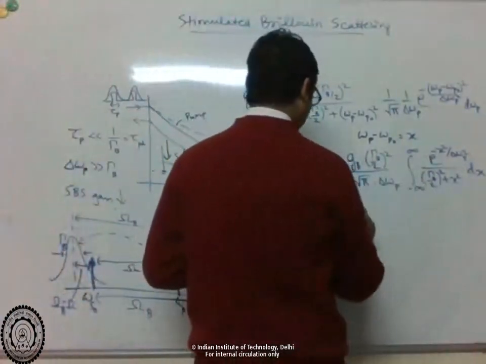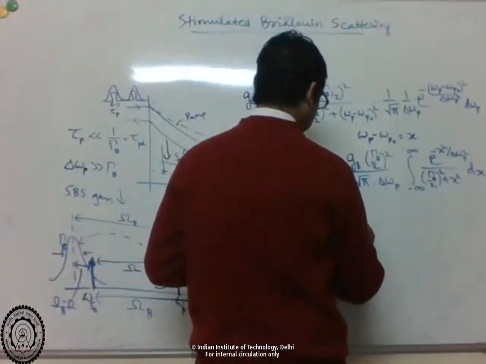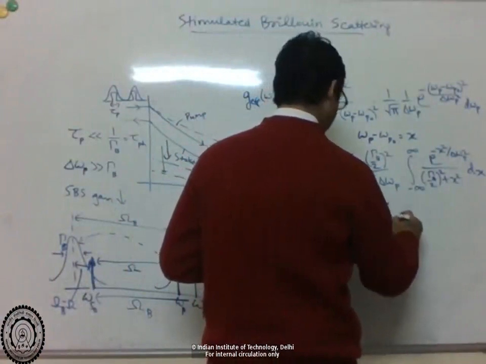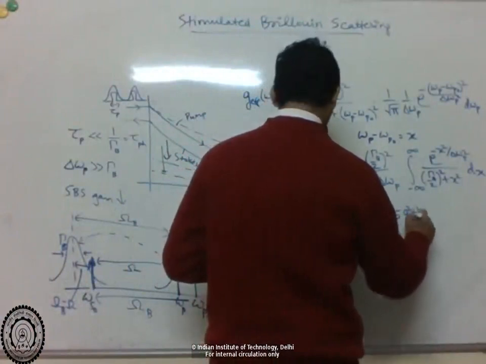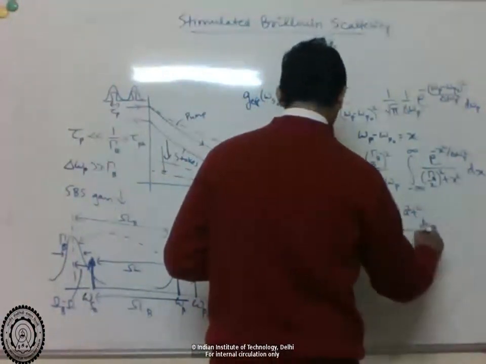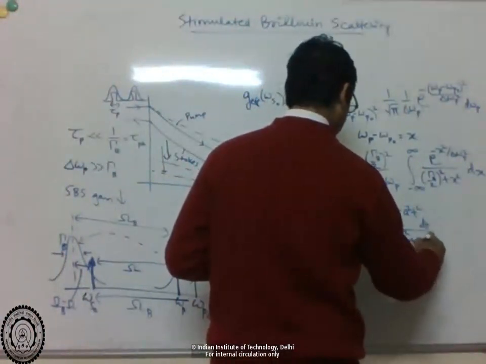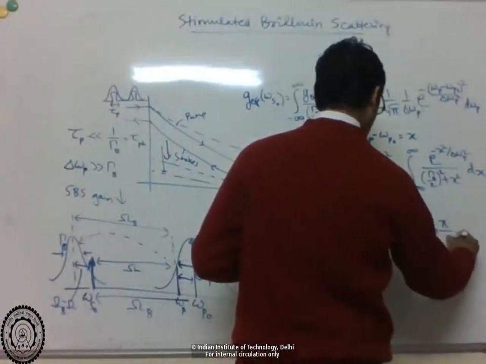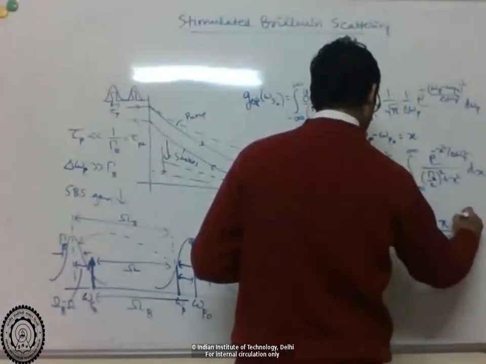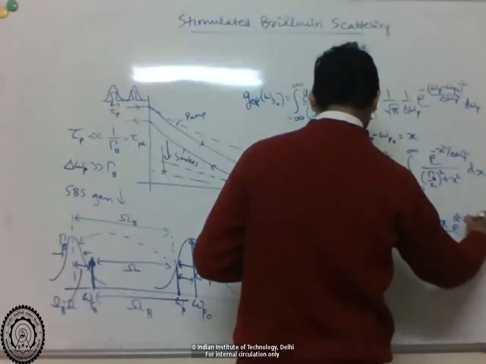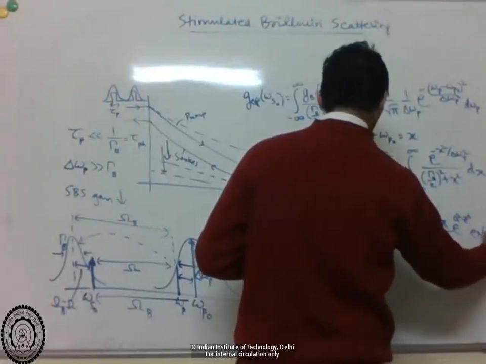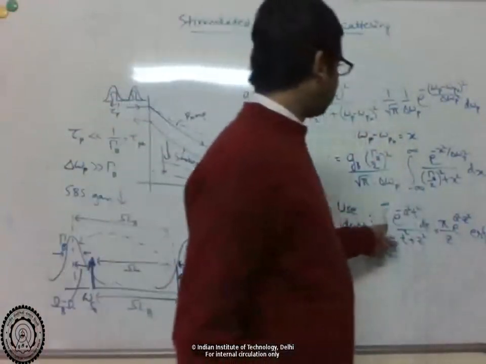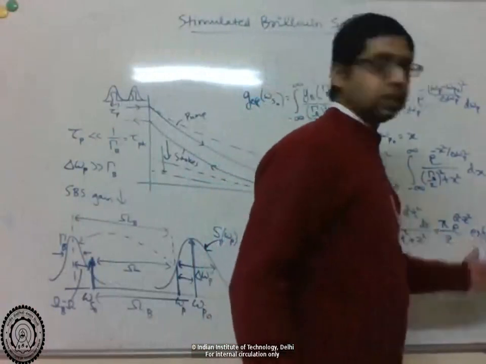So there is an identity, and the answer is in terms of the error function.